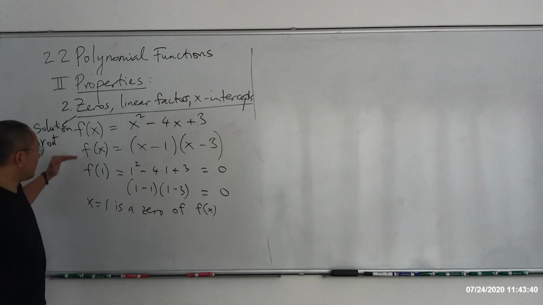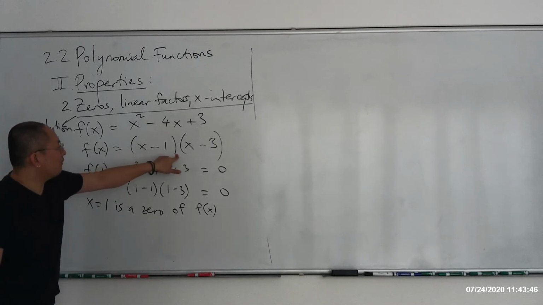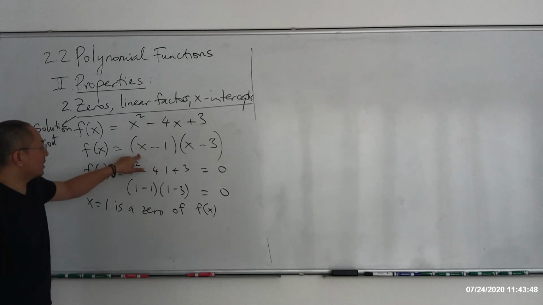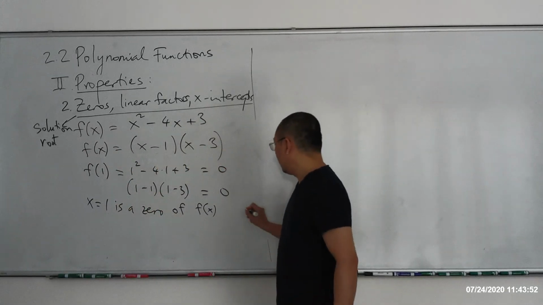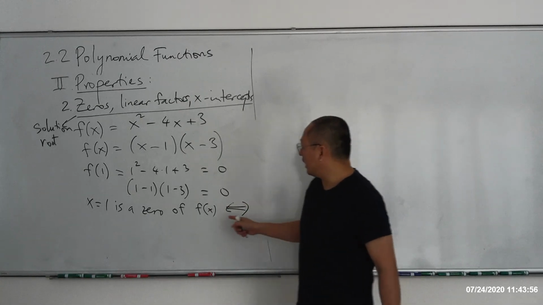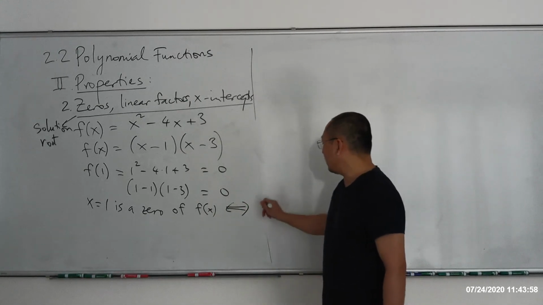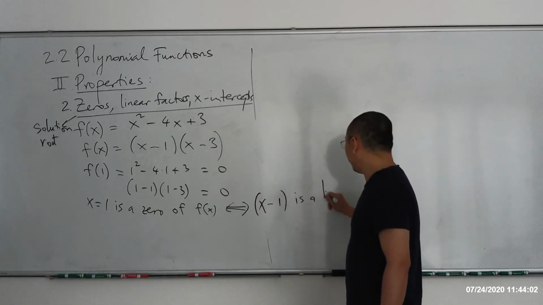If a polynomial has x equal to 1 as a 0, we're going to see that we have a linear factor associated with that 0, which is x minus 1. You see why? 1 minus 1 is equal to 0. Okay? And by the way, this notation means equivalent. This is equivalent to saying what? X minus 1 is a linear factor.